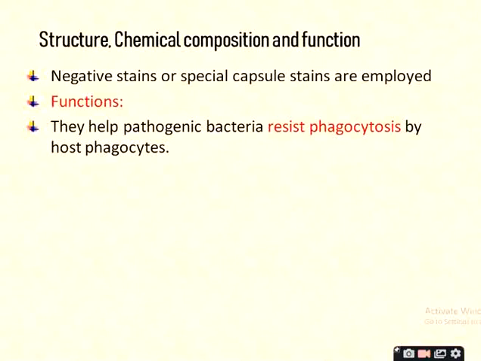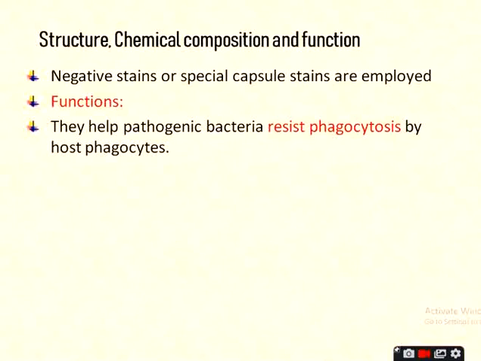If there is an organism which is pathogenic in nature and bears a capsule, when that capsule-bearing organism tries to enter the host body, there are some cells called phagocytic cells in the host body that try to engulf these pathogenic organisms.